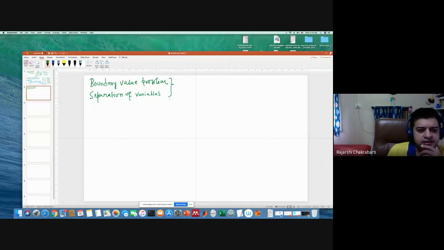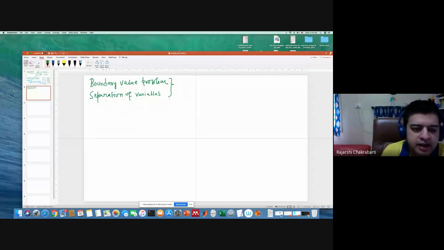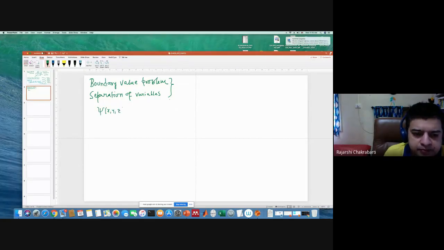Since my potential energy is written as a sum of potential energies along three different axes, I can choose that my total wave function, which is a function of x, y, z, can be written as a product of three functions. This capital X is not small, it's capital X, which is a function of x, times capital Y of y, times capital Z of z.